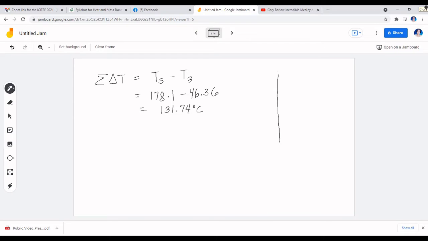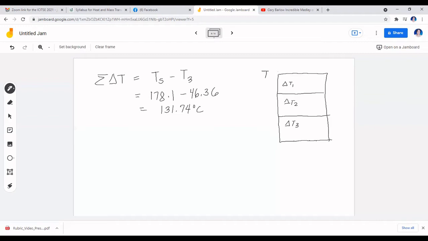So we can make a temperature distribution diagram here. This time we'll have 3 divisions. Now I will have the summation of delta T1, delta T2, and delta T3.